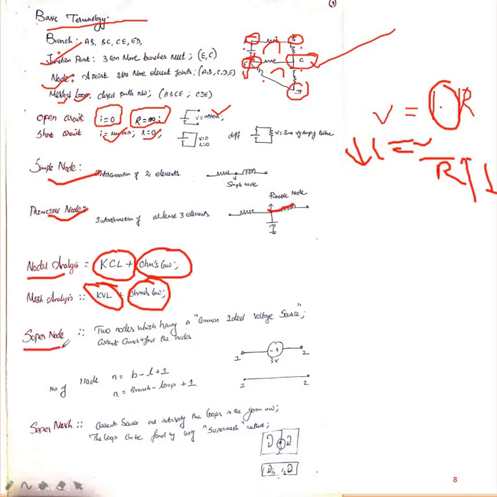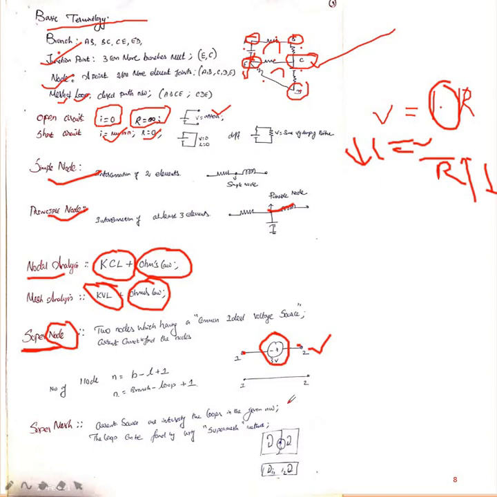Next one is a super node. What does a super node mean? We already discussed what a node is: a point where 2 or more elements are joined. Here A and B are nodes. If, in your given circuit, a voltage source is present between the two nodes, then you can say the circuit is a super node circuit.